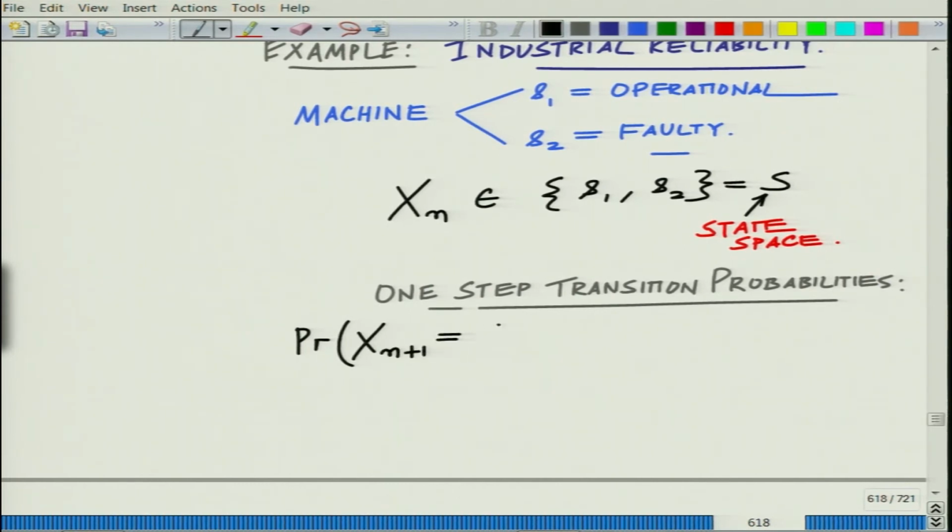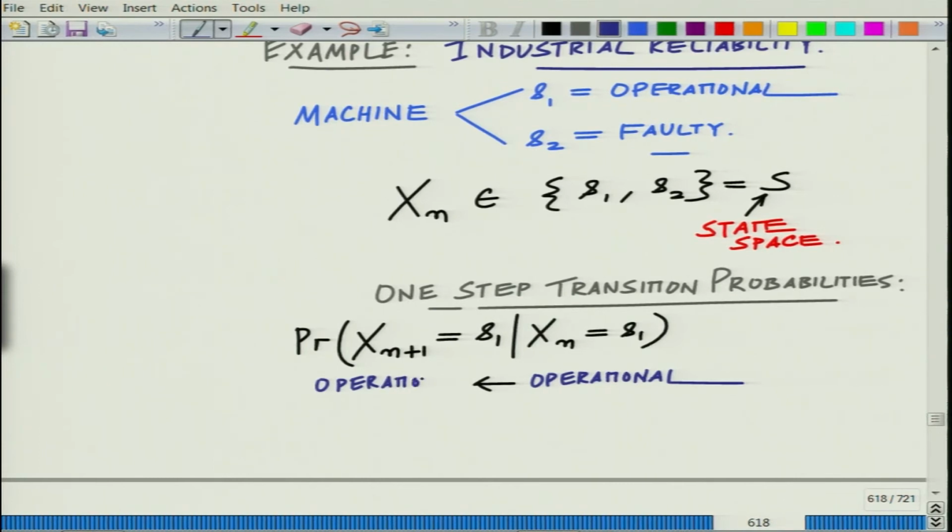Probability Xn plus 1 equal to S1 given Xn equal to S1, that is it goes from a working state, an operational state, to operational. That is, it is originally operational S1, goes into the operational state in the next hour.